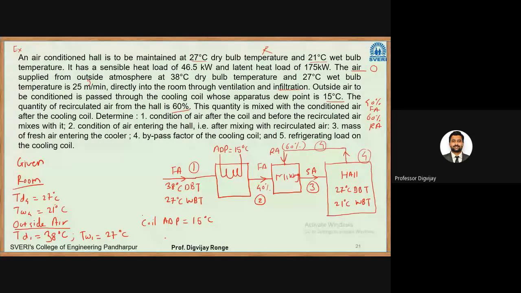Let us assume that fresh air is 40% and return air is 60%. So this will give me 2:3. Sorry, it will not be 3:5. It will be 2:3. Right. So what I will do now, I will plot these 2 points on the psychrometric chart, and then we'll see other processes.